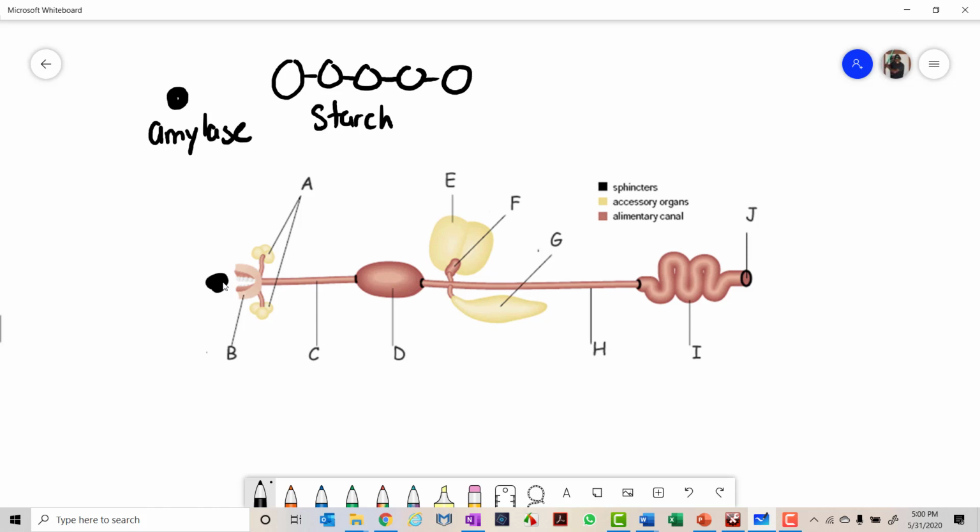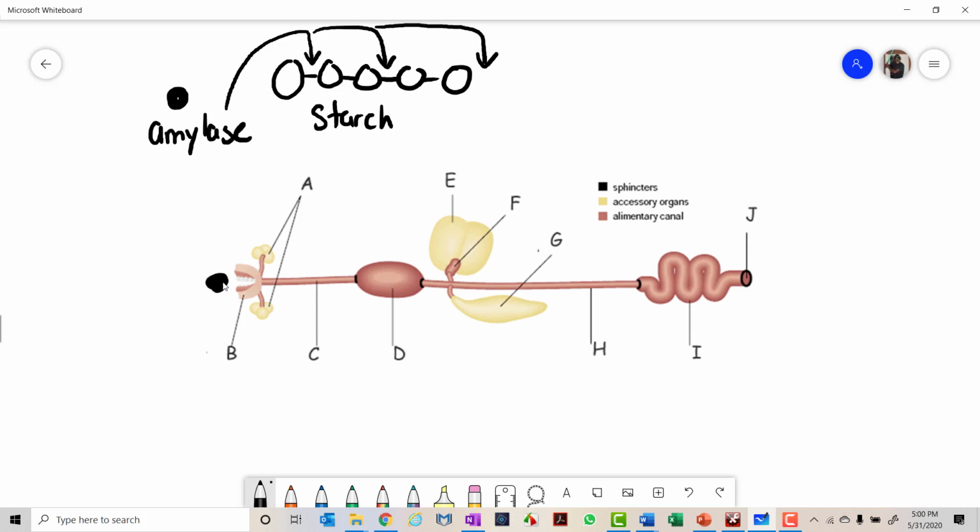is reacted with this special enzyme, and what this enzyme will do is attack these bonds in between the glucose units. And it typically isn't in your mouth long enough to break it all the way down to glucose.